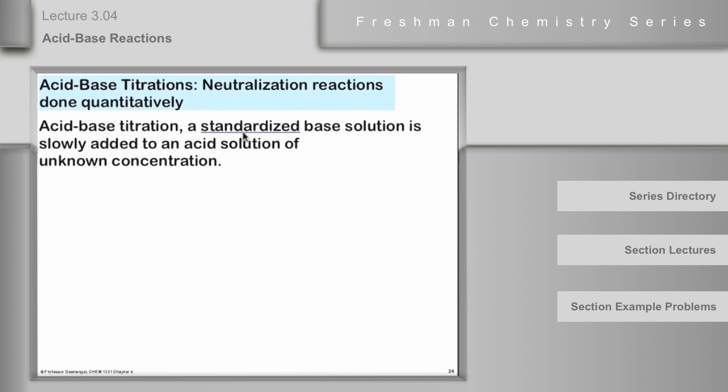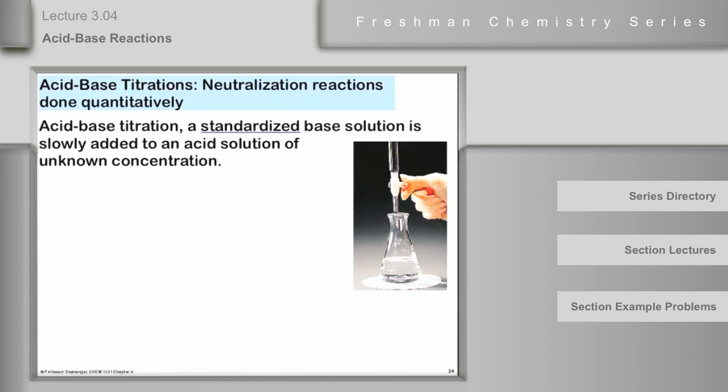And what usually happens, or one possibility, is that a standardized base solution, meaning one whose concentration we know, is slowly added drop by drop to an acid solution of unknown concentration. And in order to find out when the reaction is done, when all the H plus and OH minus have combined, we use an indicator which changes color when the hydrogen ion concentration of the solution changes. So we might start out with a situation like this.